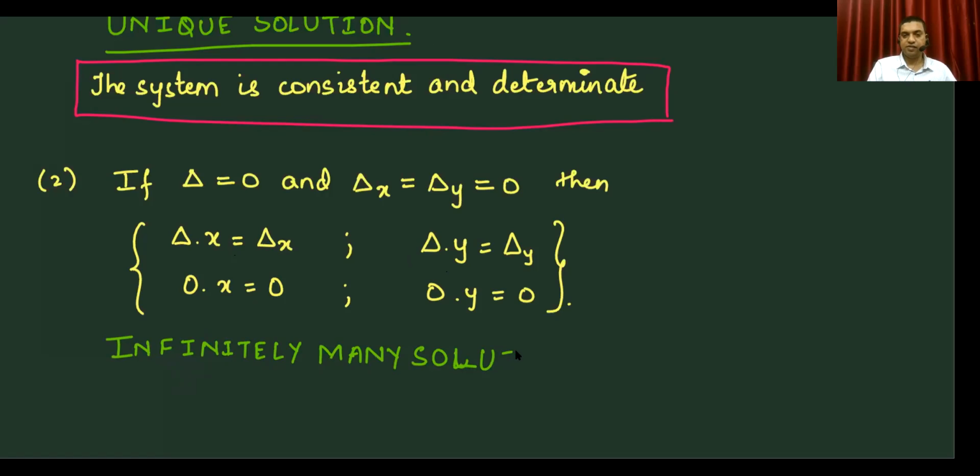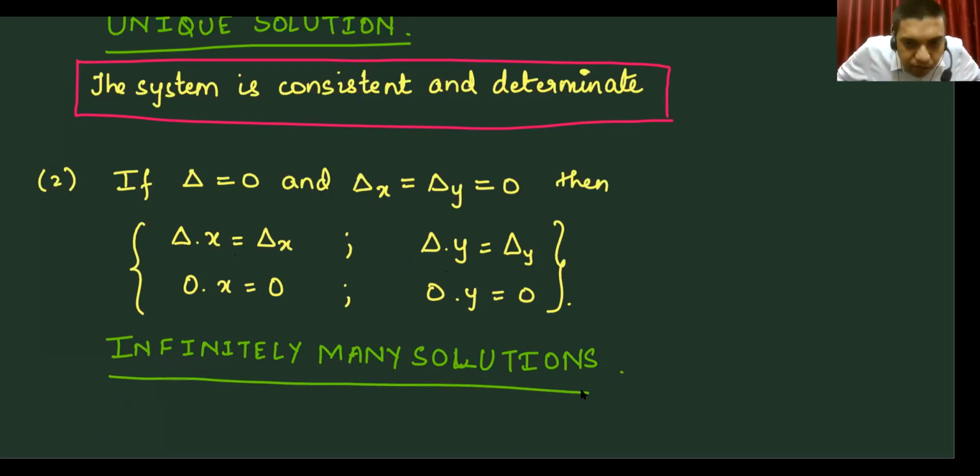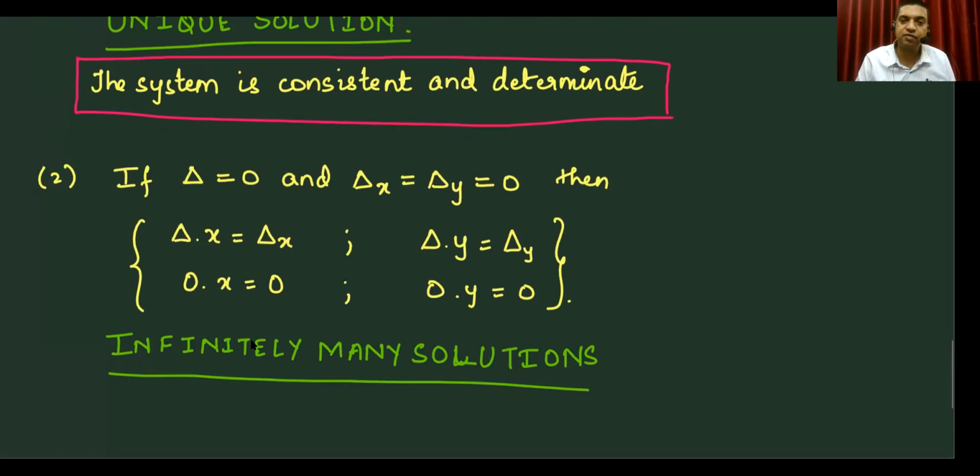Are you understanding? You may wonder why for a small problem like this we are doing this. However, its importance will be known only when we do a huge, big size problem, even 10 by 10, so 10 unknowns, 10 variables.